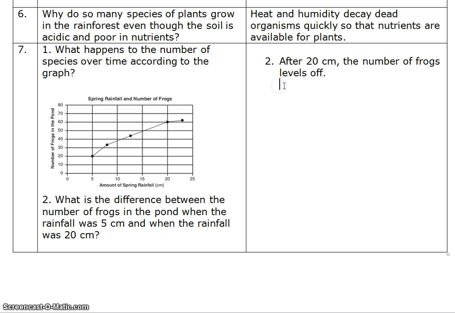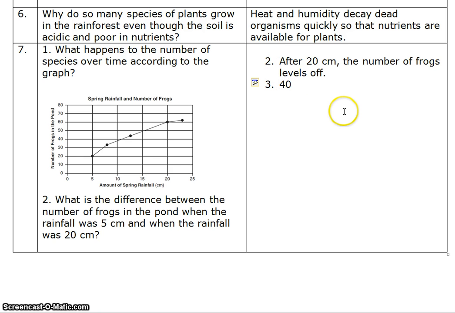Well, what happened? So the difference between 20 and 60, I'm just going to have to type it in here, is 40 frogs. I don't know why that happened, but this is really the answer for number 1. This is the answer for number 2. But I'm going to go on.